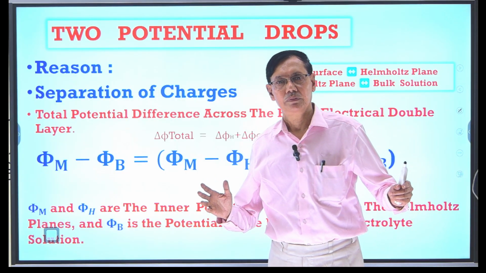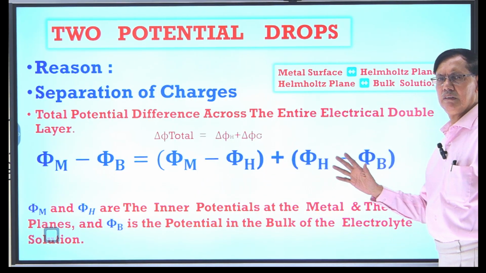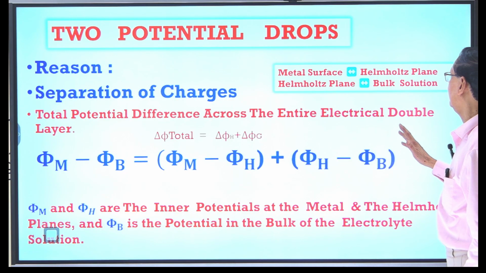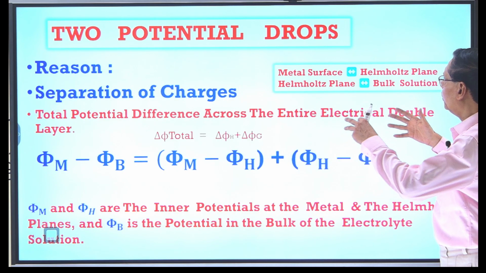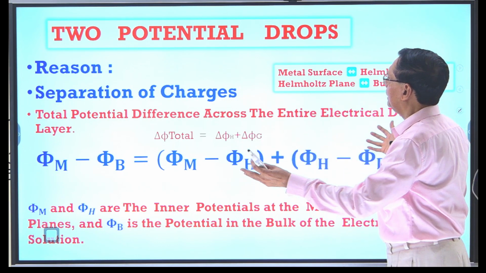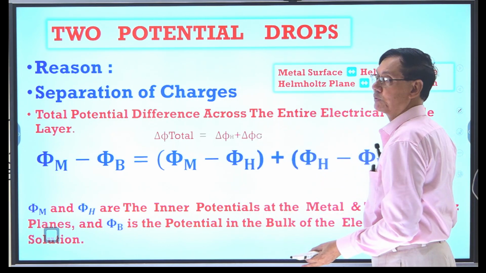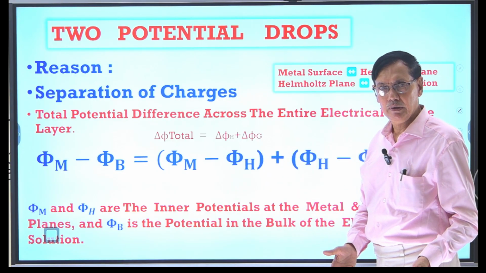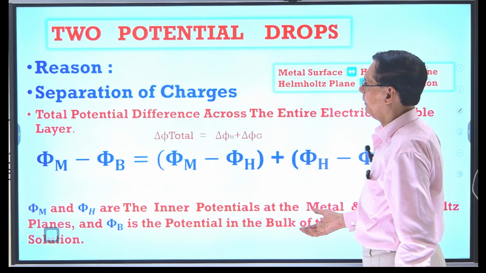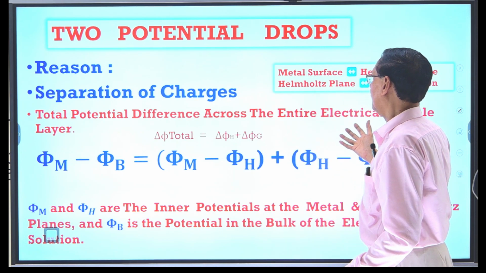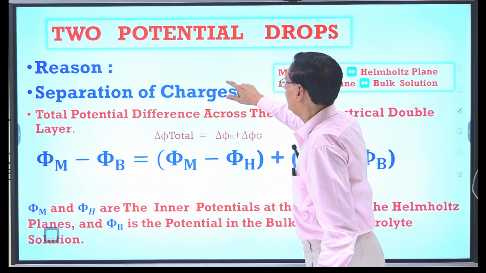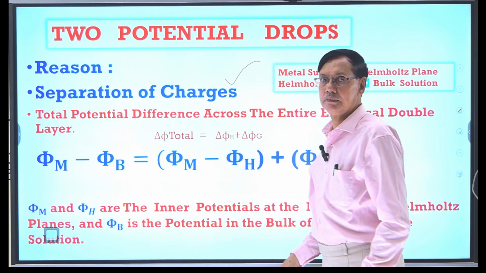Now the first derivation. Because the derivation is very simple, nothing to be worried about. The first point is: how do I calculate the two potential drops? One is for Helmholtz, another is for Gouy and Chapman. Why is there a potential drop? I have already discussed. That is the separation of the charge.